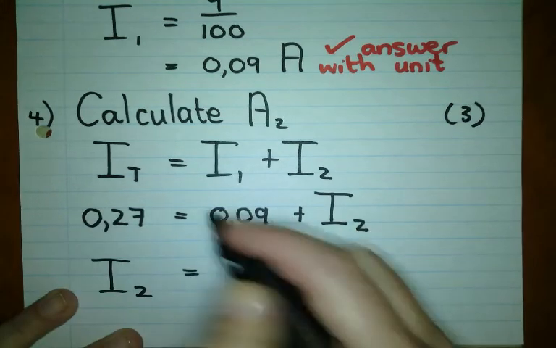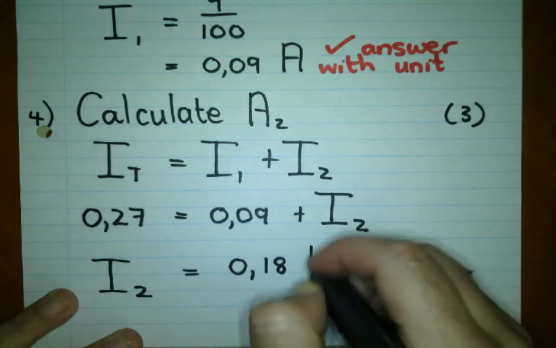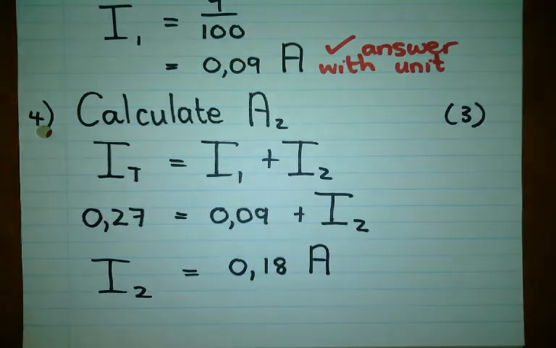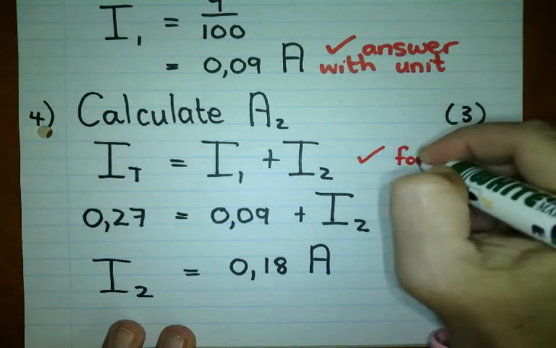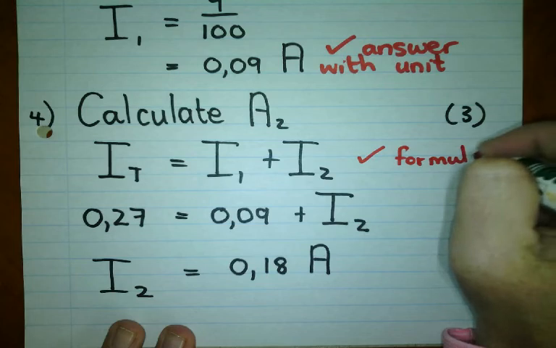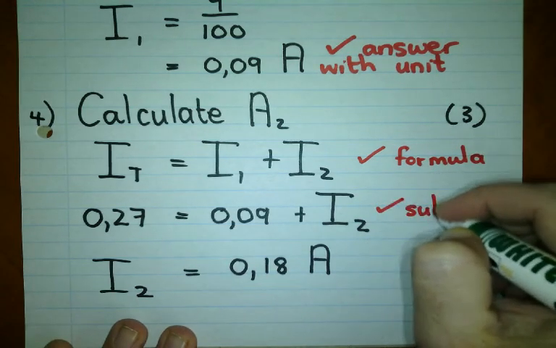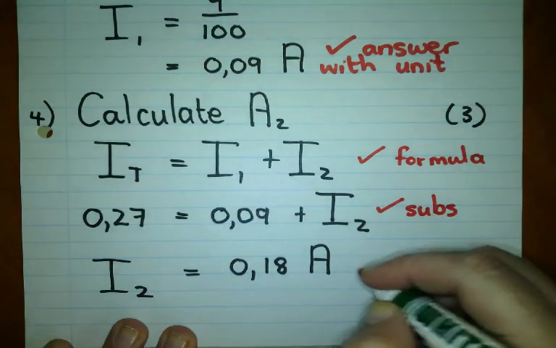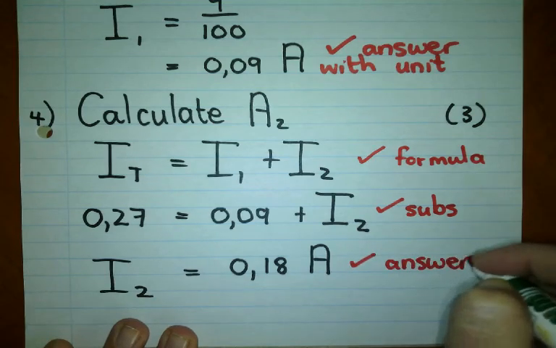I can see this is multiples of 9, so this guy is going to be 0.18 ampere. Right. Last time, let's look at where the marks go. 1 mark for the formula, 1 mark for the substitution, and 1 mark for the answer.